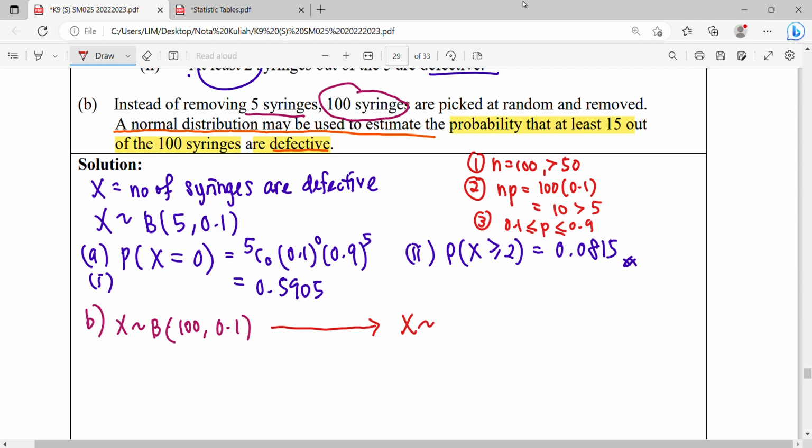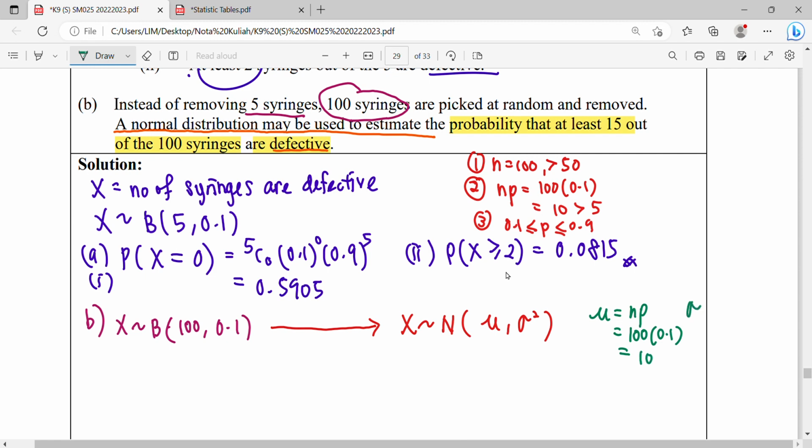When we change to normal distribution, what's the parameter that we need? We need to find out what our mean and variance are. To find the mean, from the binomial, the mean equals np, which is 100 times 0.1, which is 10.